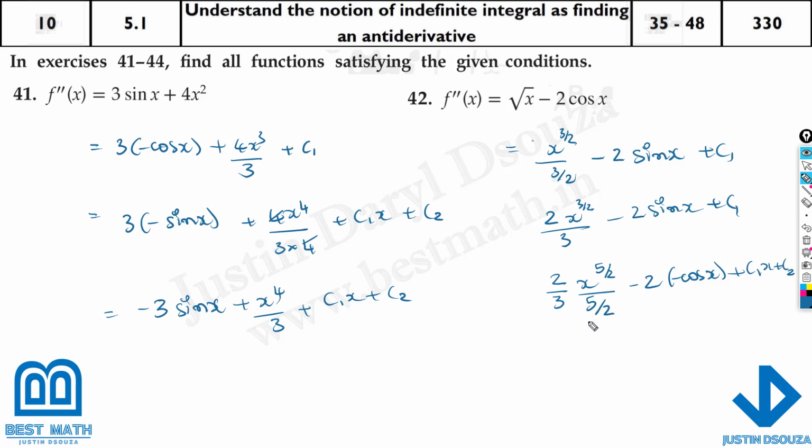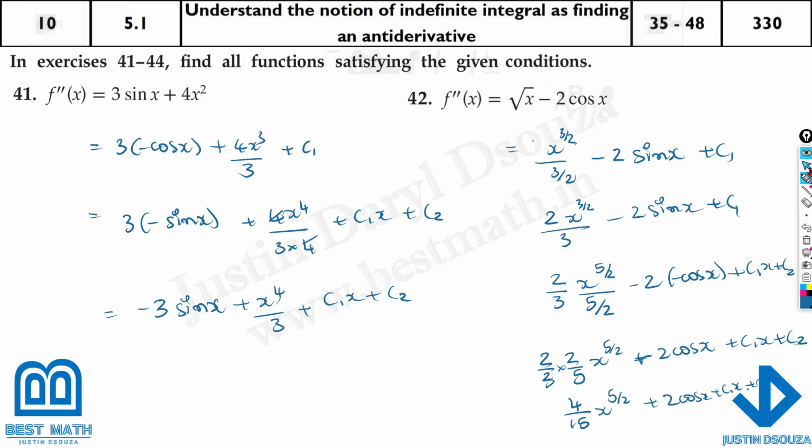Now let's rearrange and write these. So here, this denominator remains with this, and this goes up. So it'll be 2 times 2, it's 4. I'll write it one by one. 2 by 3 multiplied by 2 by 5, x^(5/2), minus and minus becomes plus 2 cosine x, plus c1x plus c2, and this is 4 by 15 x^(5/2) plus 2 cosine x plus c1x plus c2.